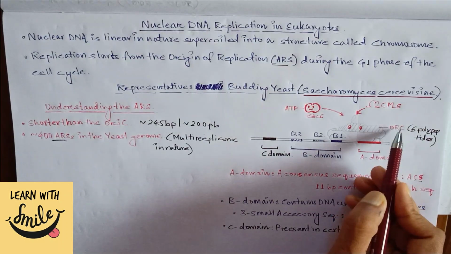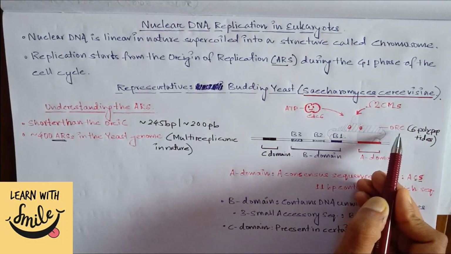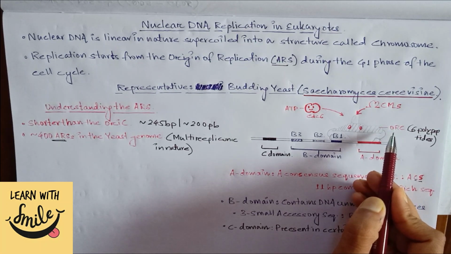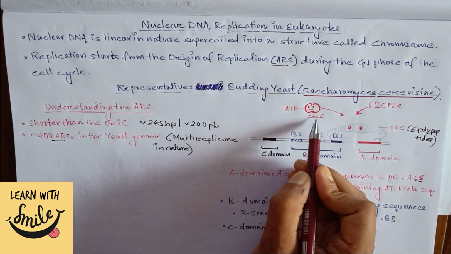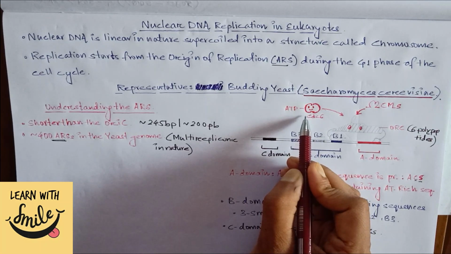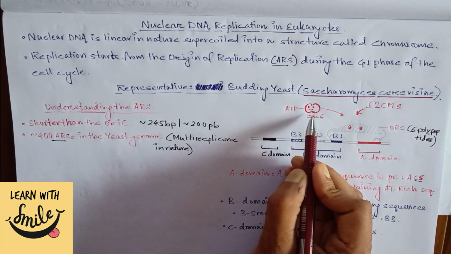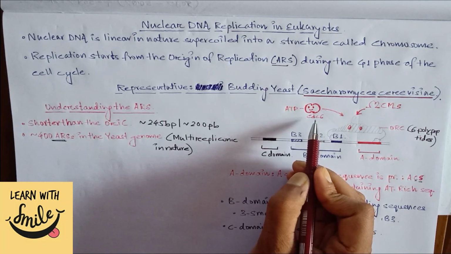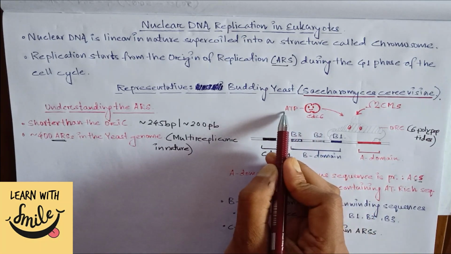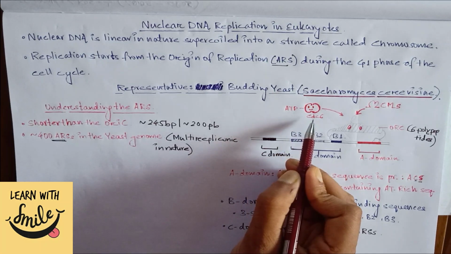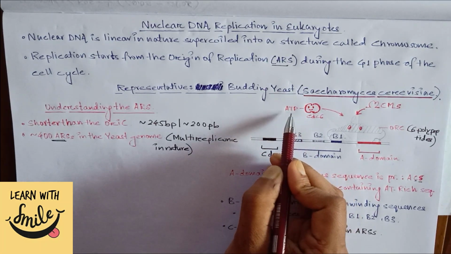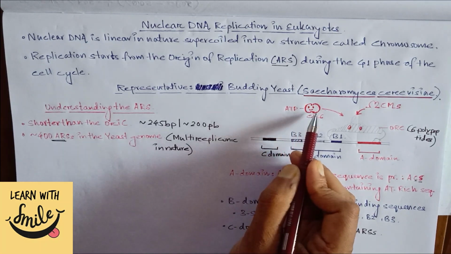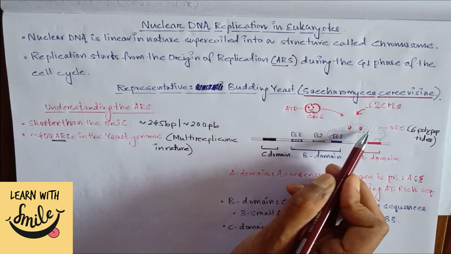With the binding of the ORC, there is a binding of another protein known as the CDC6 protein. This protein binds during the G1 phase of the cell cycle, and during that phase it is bound to ATP.